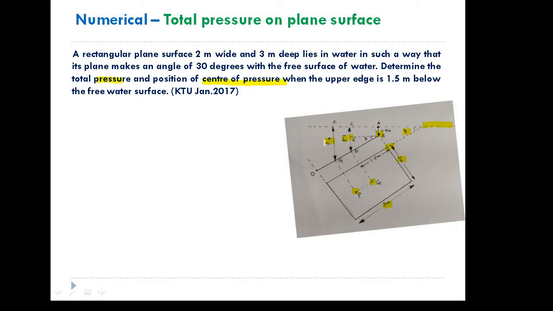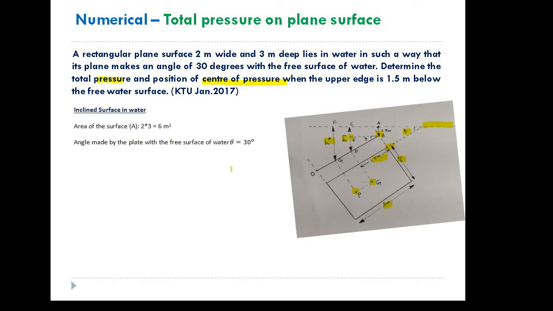Then the center of pressure H star is Fg. Then what about the center of gravity? As we know, the center of gravity is the geometric center of the surface. So this is 1.5 meters marked because the total length is 3 meters. So with this information we will try to do this problem.